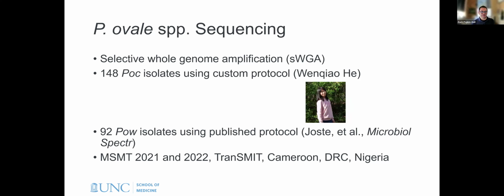This will include samples from MSMT, as well as from the TRANSMIT study in Bagamoyo, from Cameroon, DRC, and Nigeria. And I have no data to present yet, but hopefully soon there will be something to say about these.